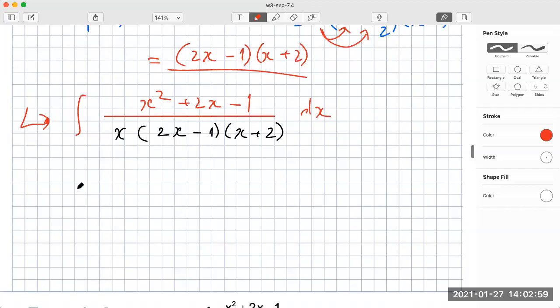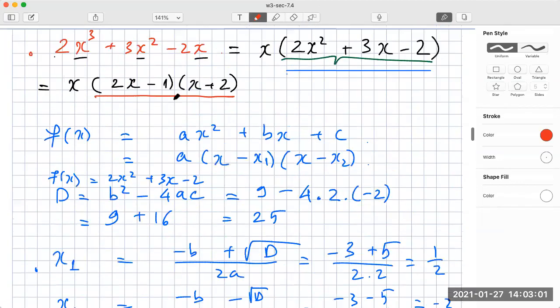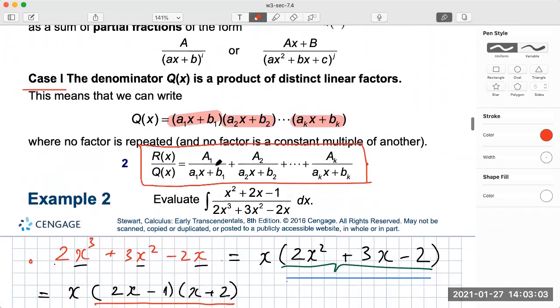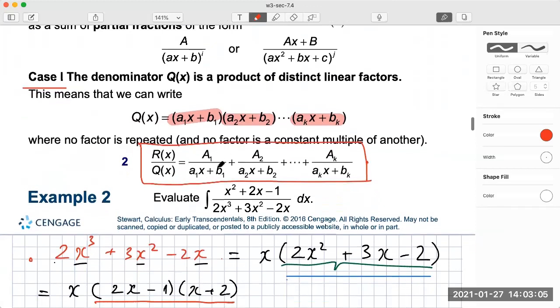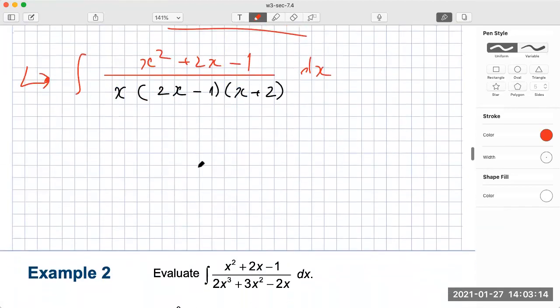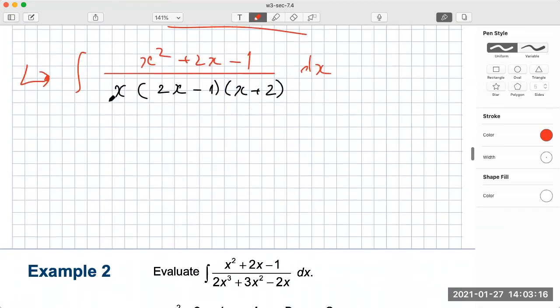What do we have? Look at this. They say that we can always write this guy as the sum of these, okay? And in our situation, we have 3 terms here.